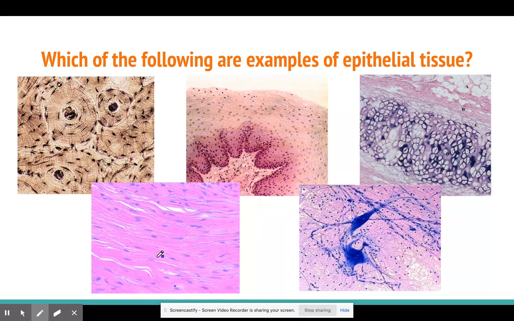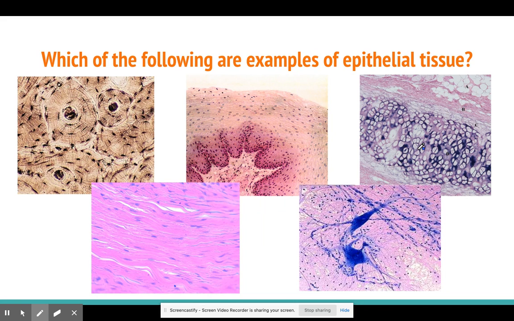If you look at this picture, you can see that there are not as many nuclei, so the cells aren't packed tightly together. If you see this one, you see all of this extracellular matrix here, all this blue. What that means is there's a lot of space between these cells.